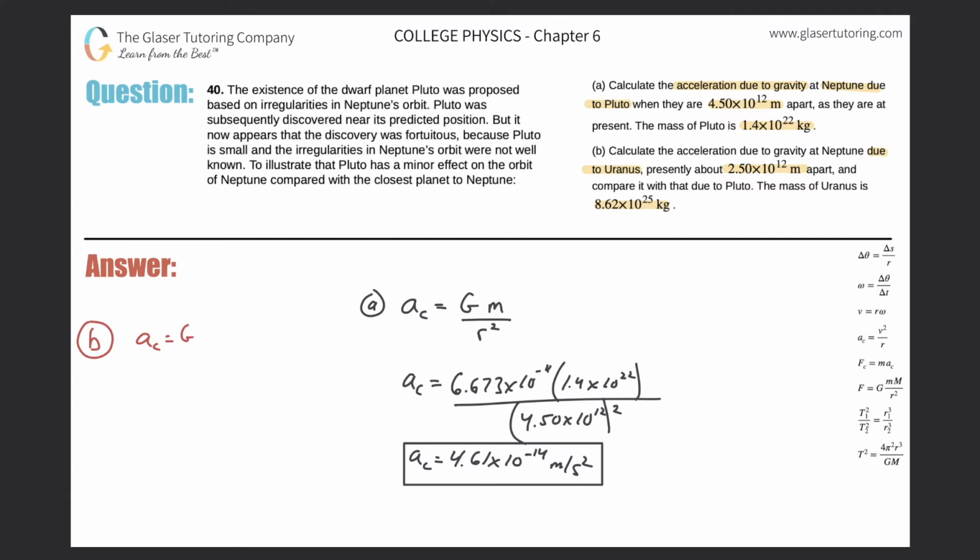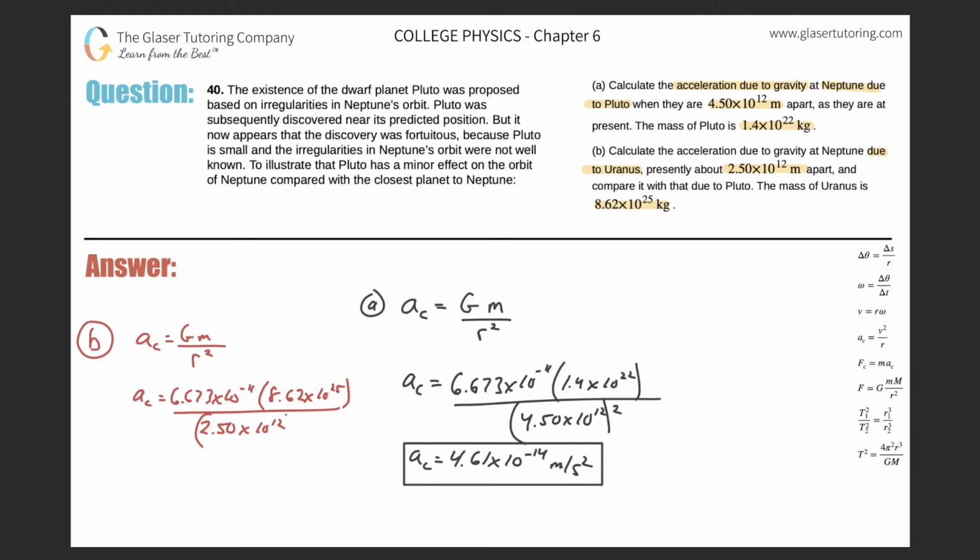Centripetal acceleration will be equal to the gravitational constant multiplied by the mass of the planet causing the acceleration divided by their distance squared. So this will be 6.673 times 10 to the minus 11 times the mass again of Uranus this time. So it's 8.62 times 10 to the 25. And that is all divided by the distance between the two planets, and it told me that it's 2.50 times 10 to the 12.